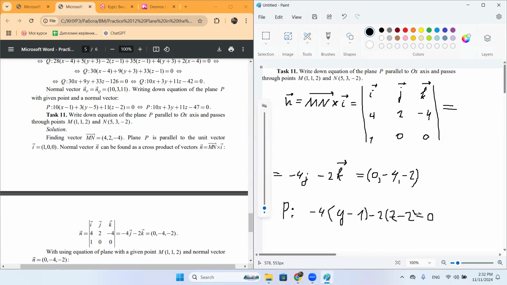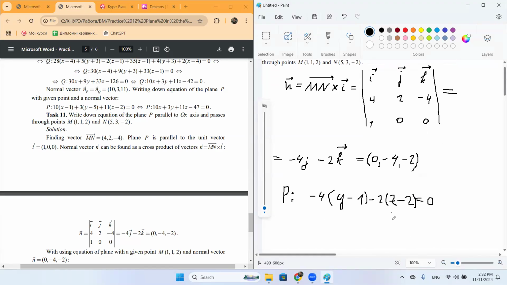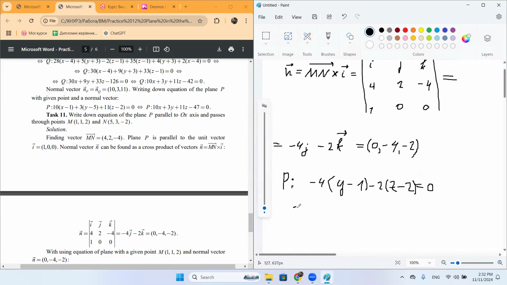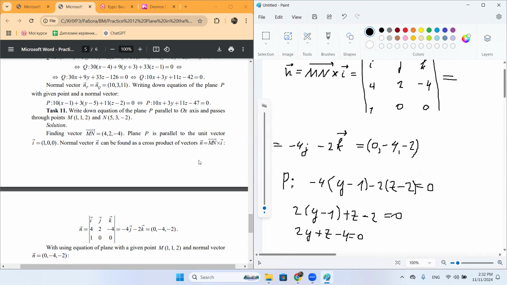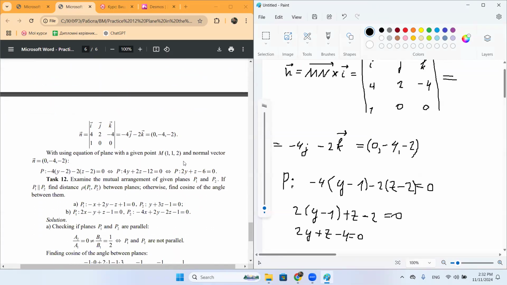First of all, I will divide it by minus 2 and then expand brackets. Nothing to expand here. So 2y plus z minus 4 equals 0. So this is the equation of the plane.